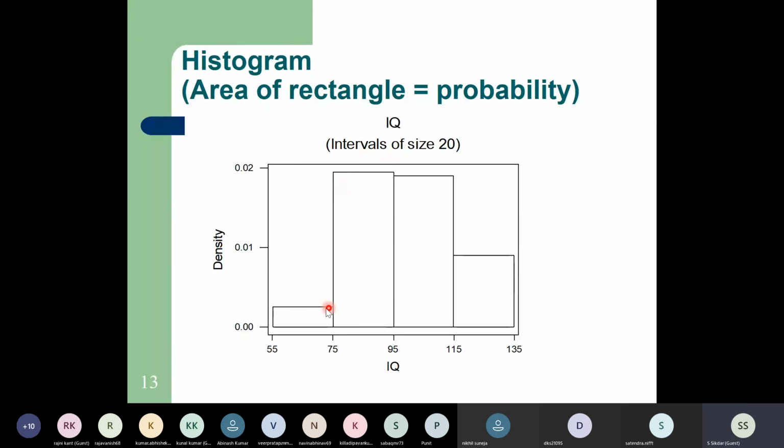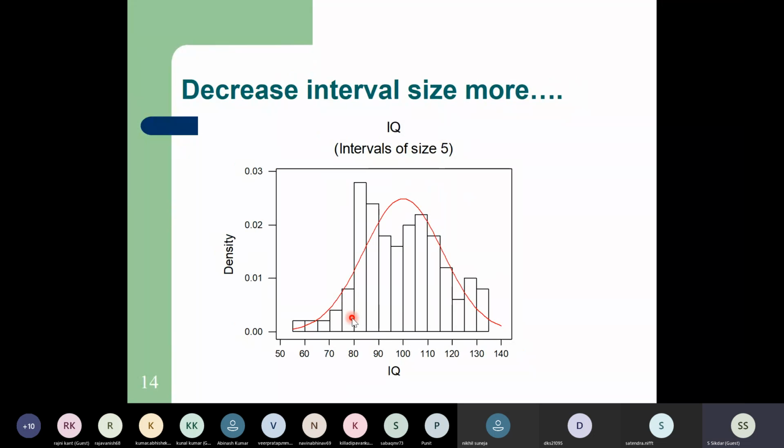Here it is a very low value, here also very low value. But once you make the interval size smaller and smaller, the density values connect, and their peak takes a shape that becomes a normal Gaussian curve.